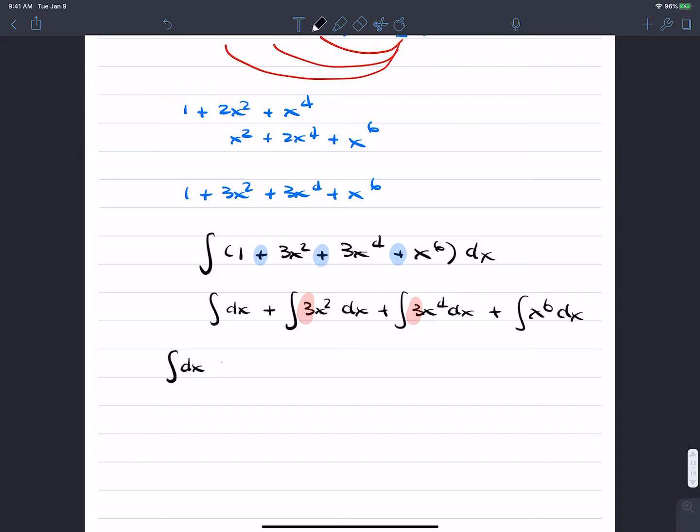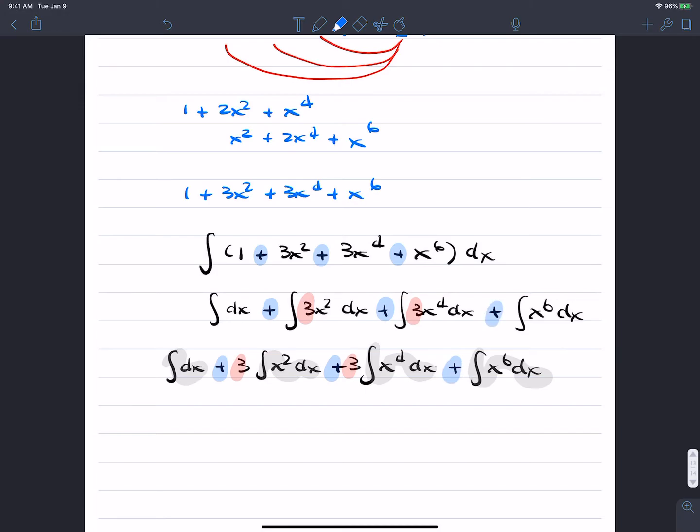So we integrate dx plus 3 x squared plus 3 x to the fourth plus the integral of x to the sixth dx. So make sure that the constants are out. And now we're going to perform our integration here, because we have actually 1, 2, 3, 4 integrals to perform. And don't forget that the properties here of addition, we're going to add all those answers together.